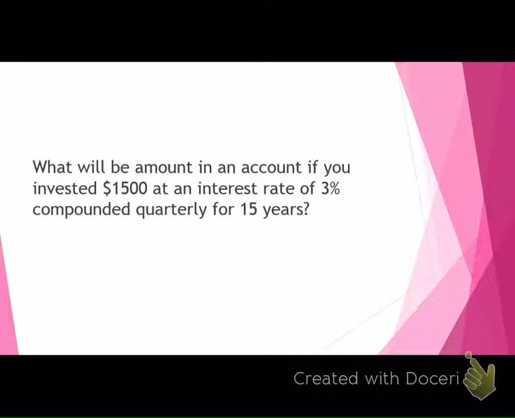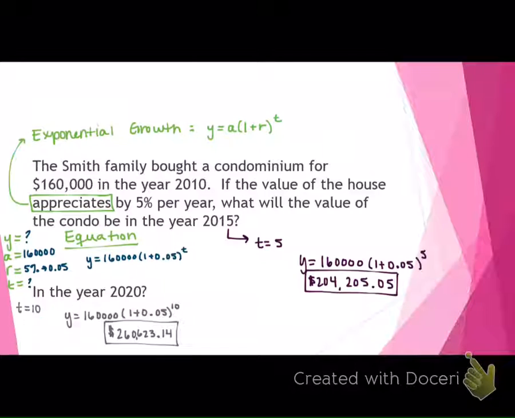What will be the amount in an account if you invested $1,500 at an interest rate of 3% compounded quarterly for 15 years? Growth, decay, or compound interest? Alexis. You see the word compounded and you know it's compound interest. Very good. Now I have to go back and see what the letters are.